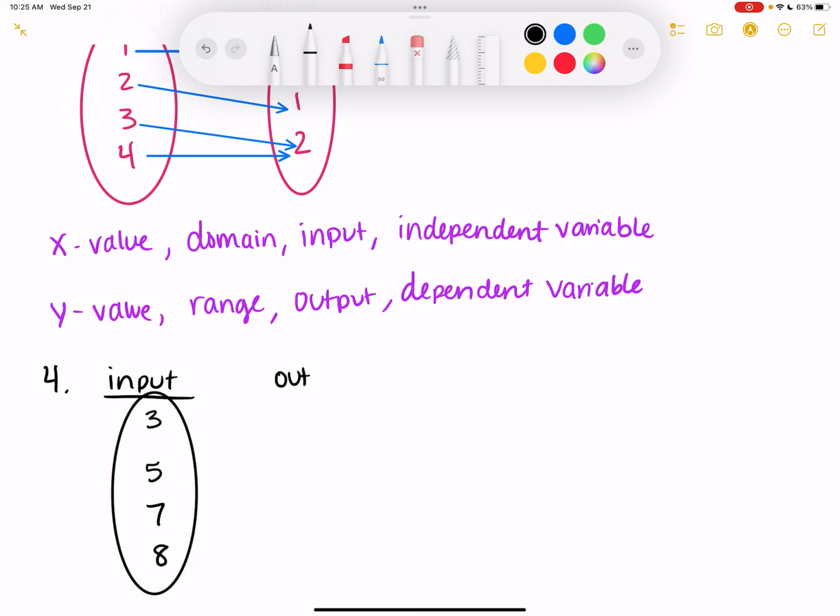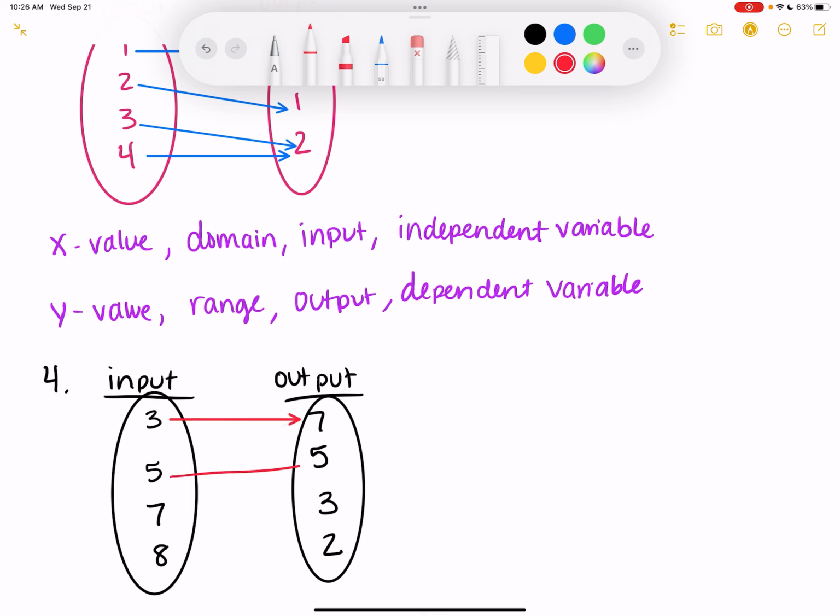Our output values are 7, 5, 3, and 2. And they tell us that 3 goes with 7, 5 goes with 5, 7 goes with 3, and 8 goes with 2.